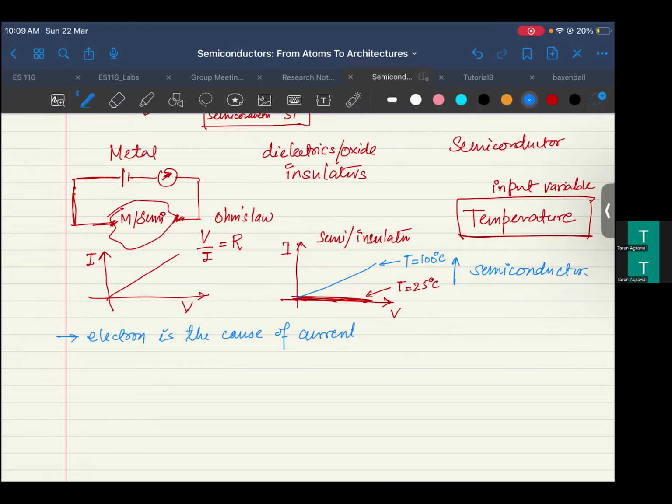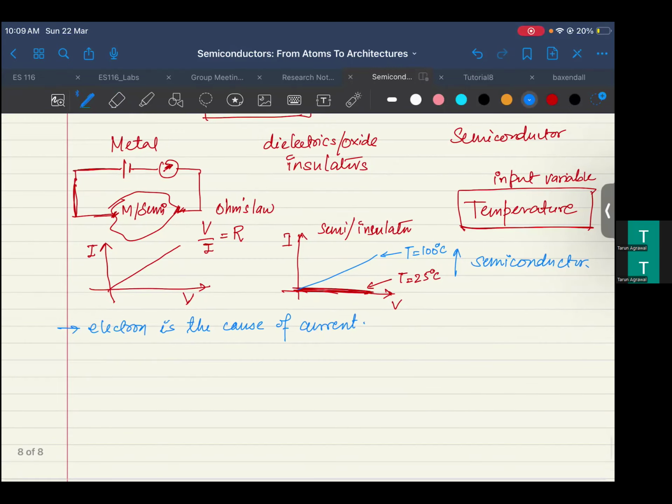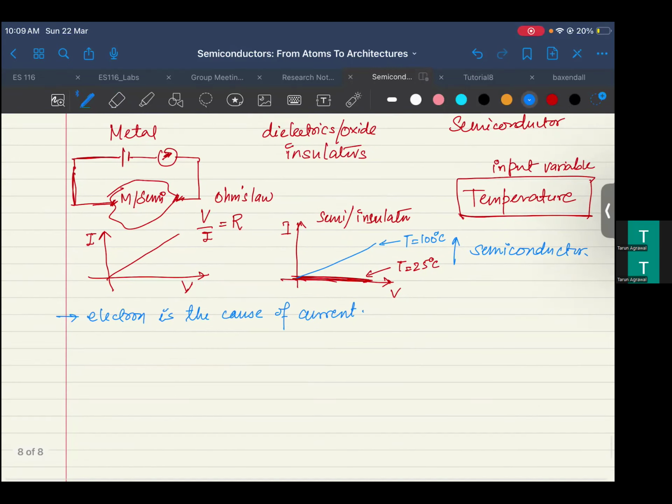Now in the semiconductor, you can typically understand it as a band, where there are rooms which are filled. So these are the rooms on this floor which are filled.